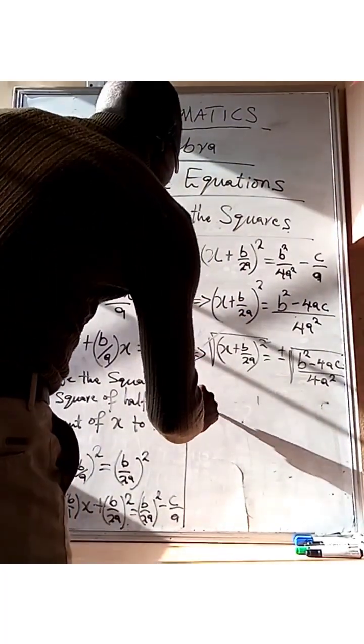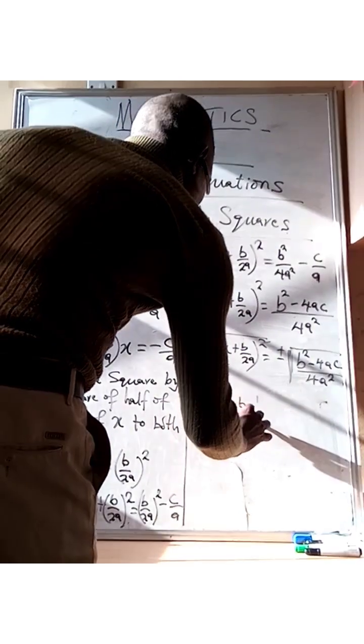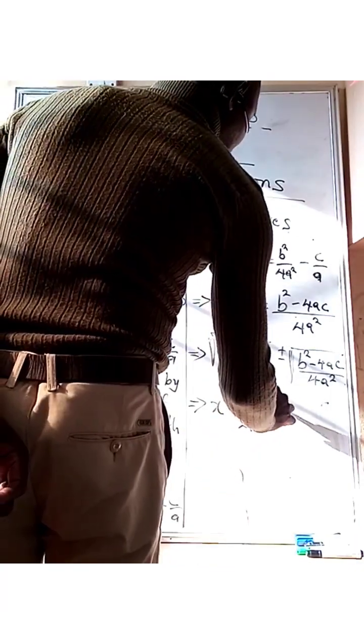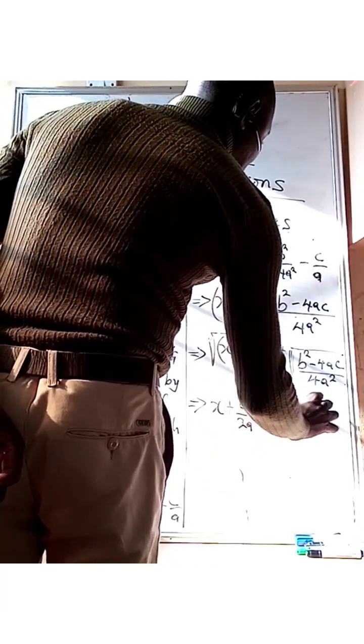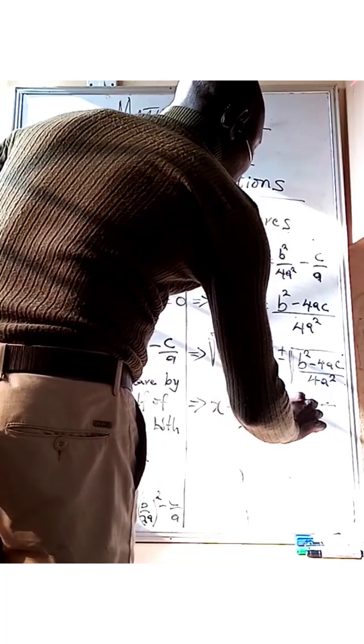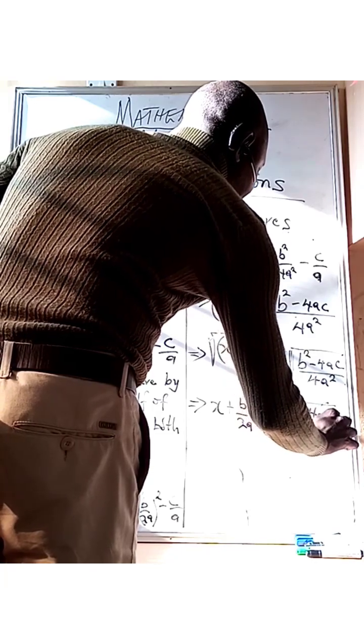Now this gets rid of this, and we have x plus b over 2a being equal to positive or negative the square root of b squared minus 4ac.